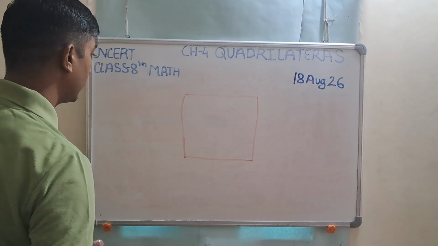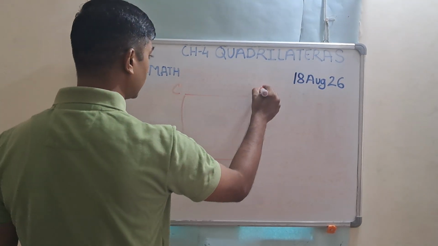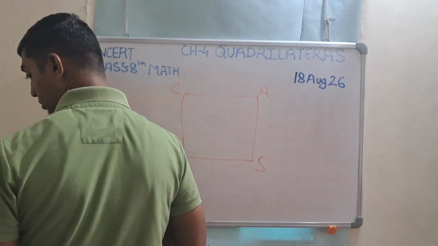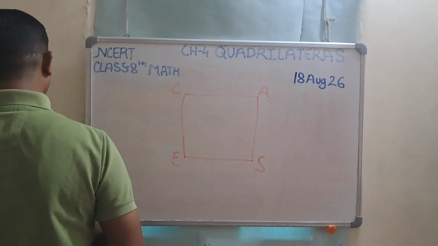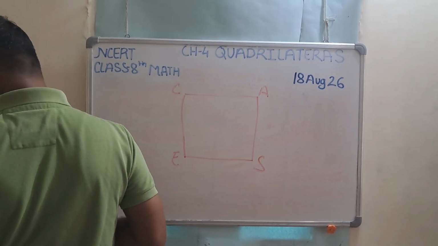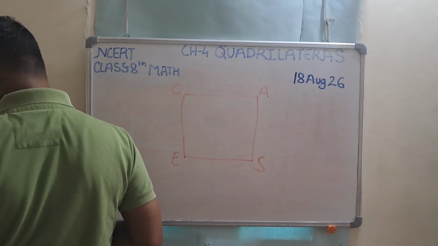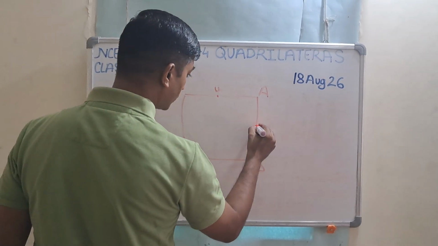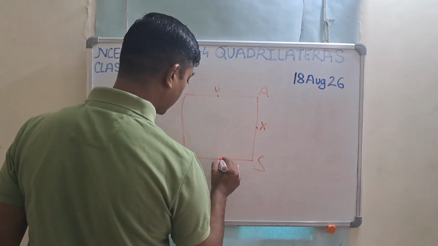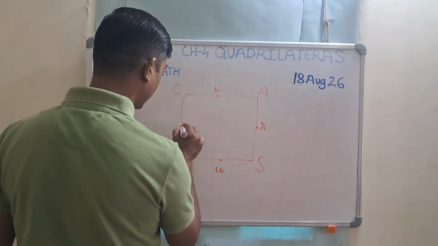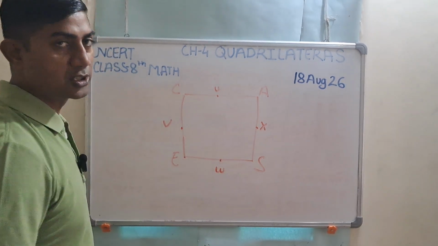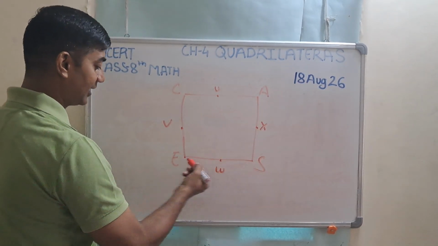This square has been given, CASE. Understood? Right. And what are the midpoints? U, X, W, V. Now these are the midpoints of the sides of the square CASE.